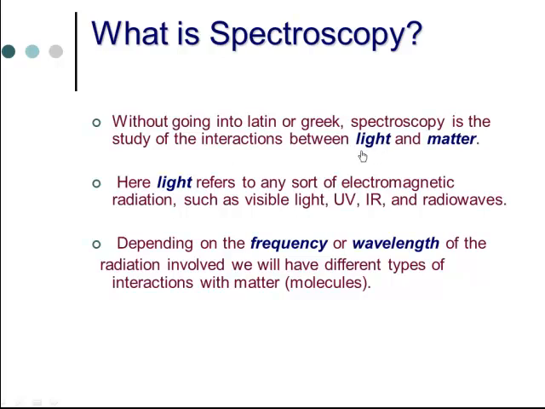When I said light out here, I meant electromagnetic radiations such as visible light, UV light, infrared light, radio waves and microwaves. Now the type of spectroscopy involved depends on the frequency or the wavelength of the electromagnetic radiation involved in interaction with the matter.